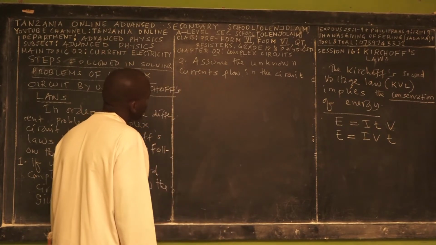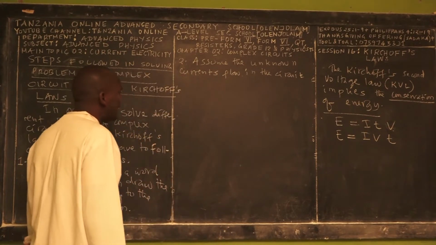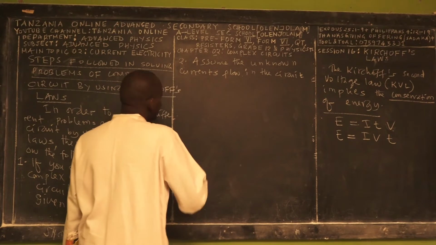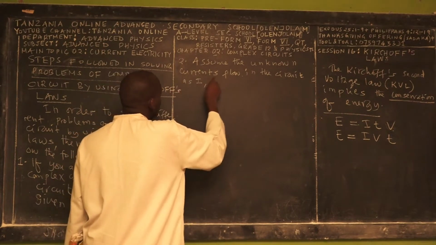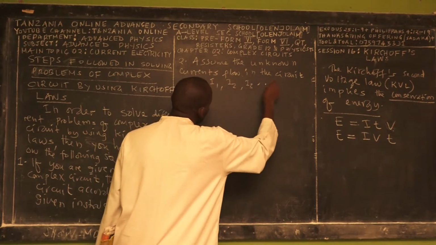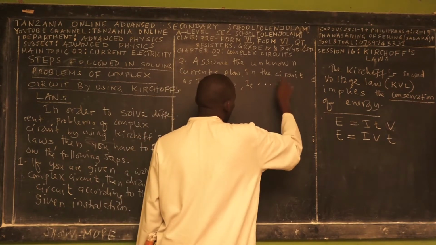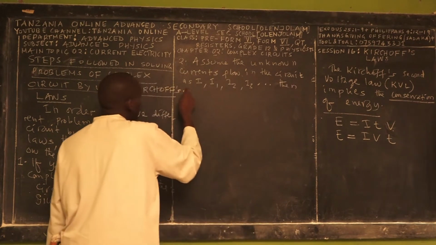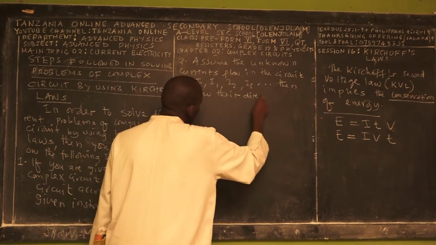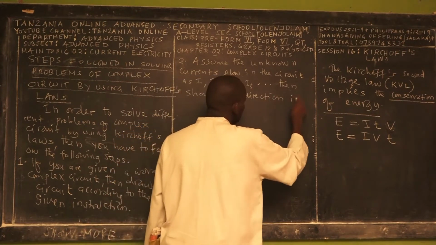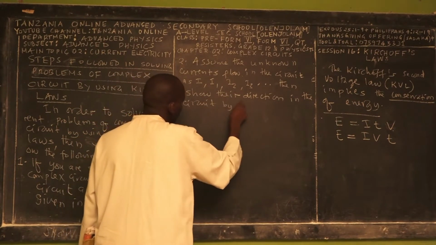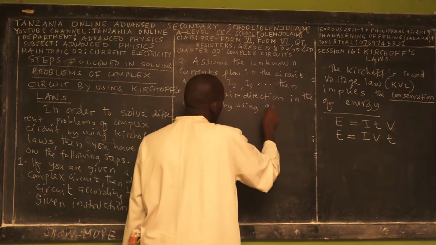Let's say as I1, I2, I3, etc. Then show the direction in the circuit by using arrows.